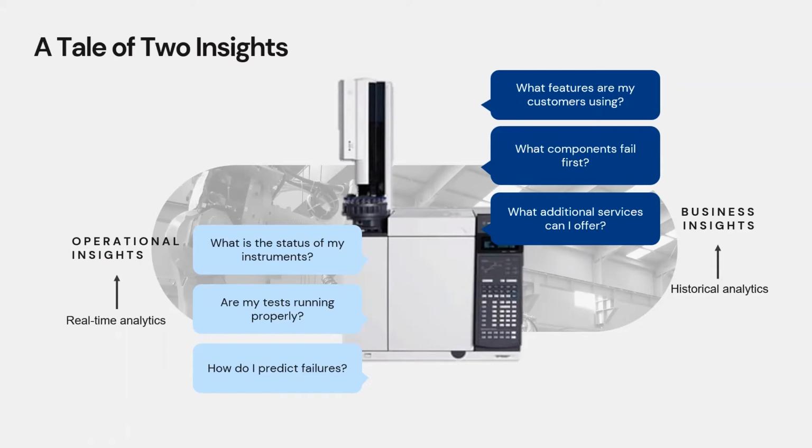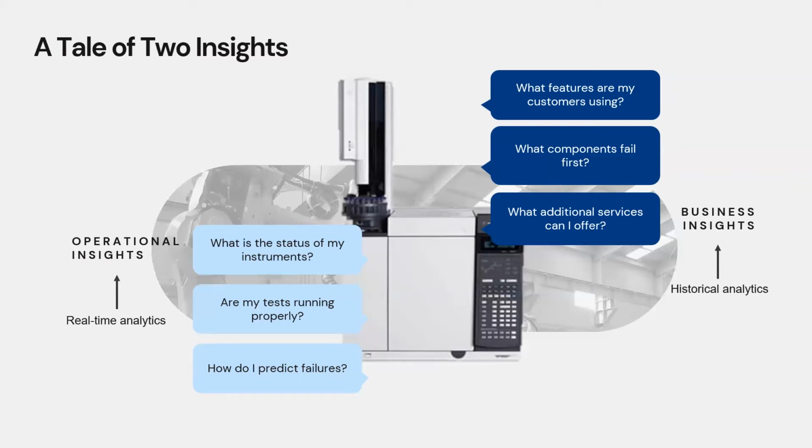Are there any issues? Are the tests running properly? Are there any failures, etc.? Typically, operational insights are derived through real-time analytics because you have to analyze the data in real time to give feedback to technicians and lab managers, so that they can take the right actions during tests.